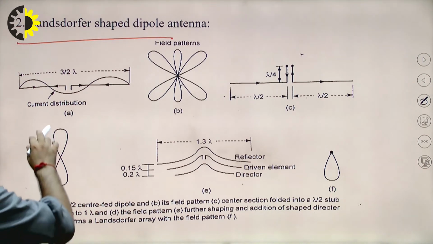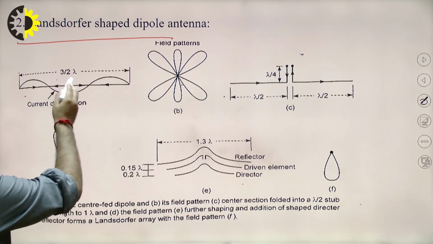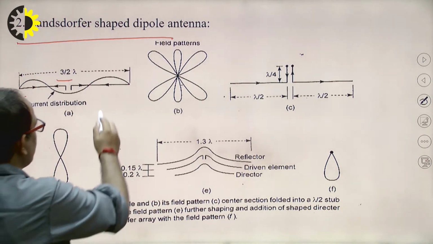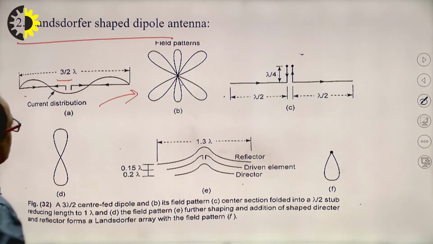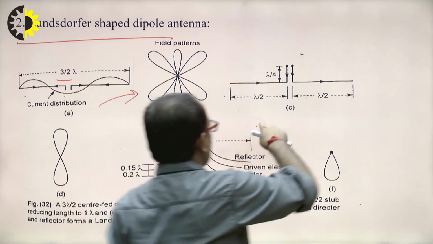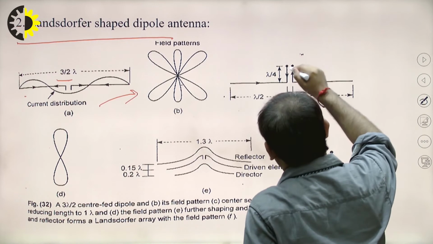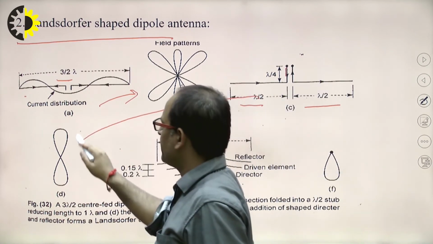If the length of the dipole is increased to 3/2 lambda, then its radiation pattern will be like this. Now if this length is decreased to lambda by 4, and this one is lambda by 2, then we will get this type of radiation pattern.